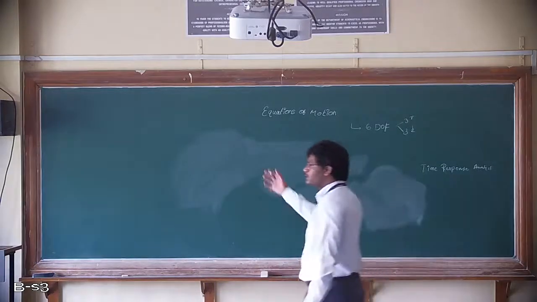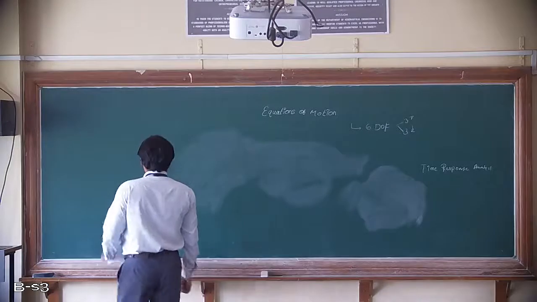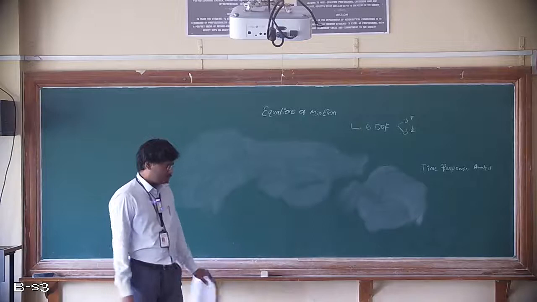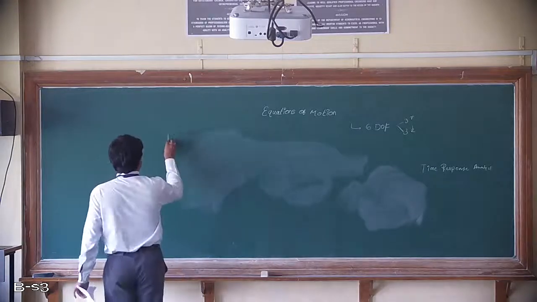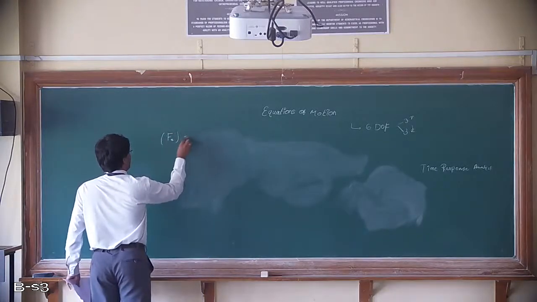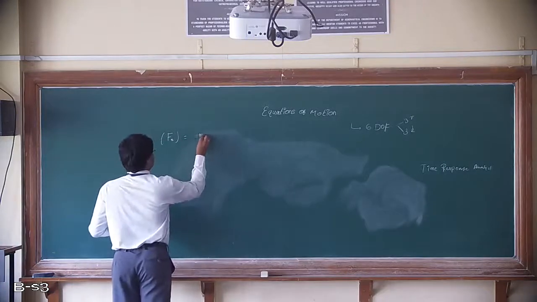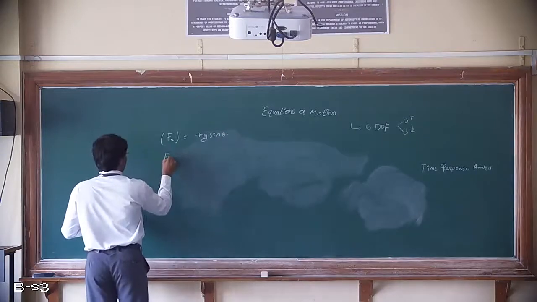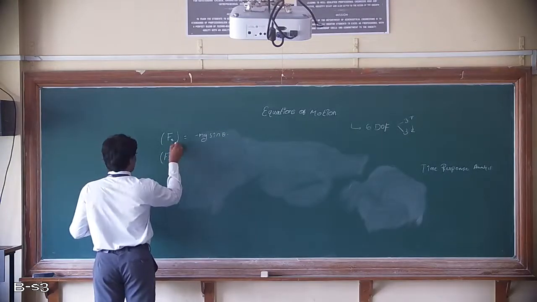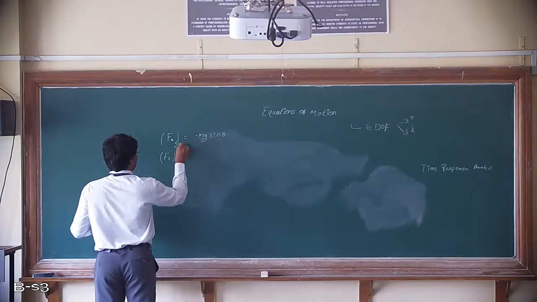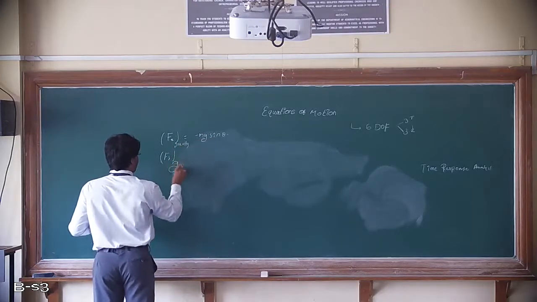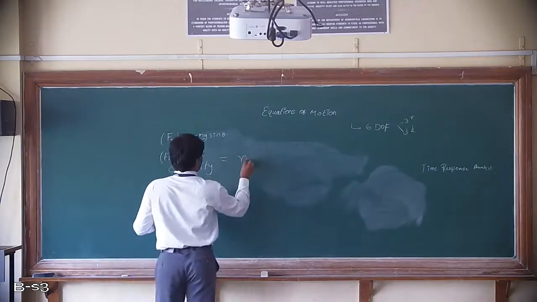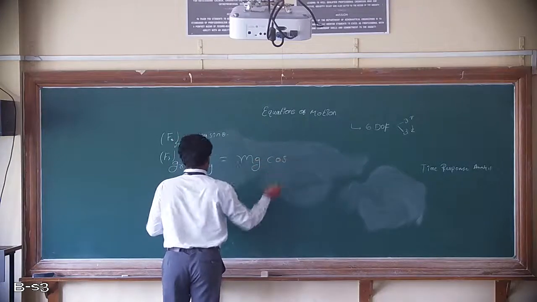By applying the Euler angle transformation and the stability axis system, you will get Fx with minus mg sin theta, and Fy, which is nothing but gravity, mg, the weight, equal to mg cos theta sin phi.